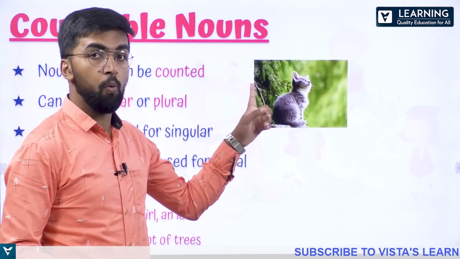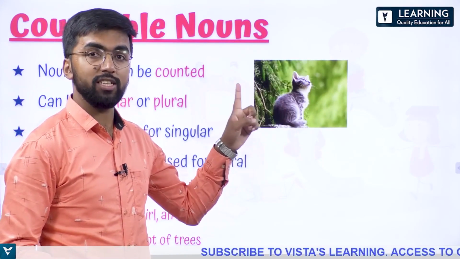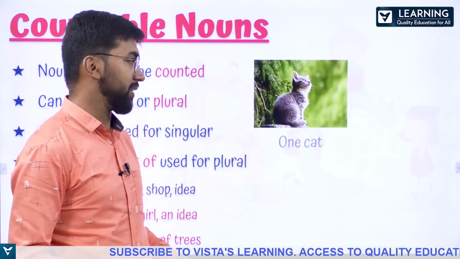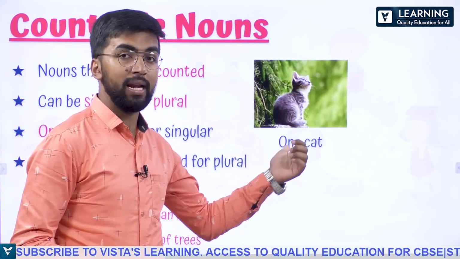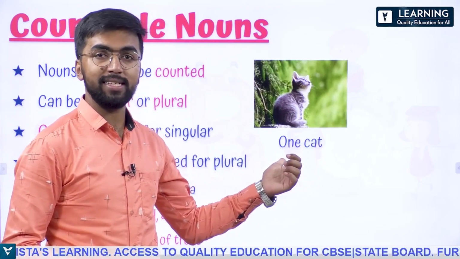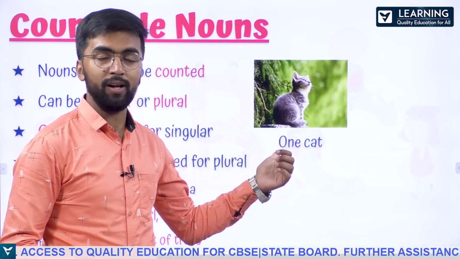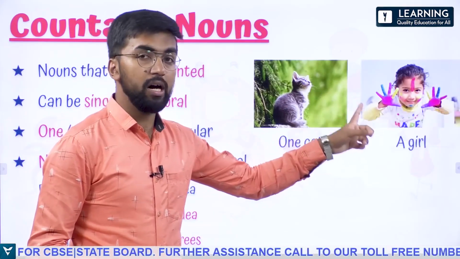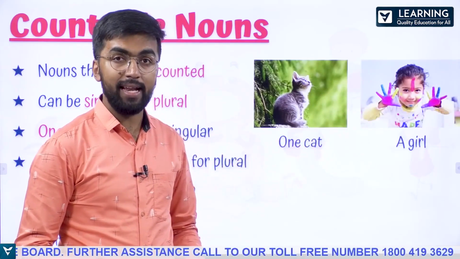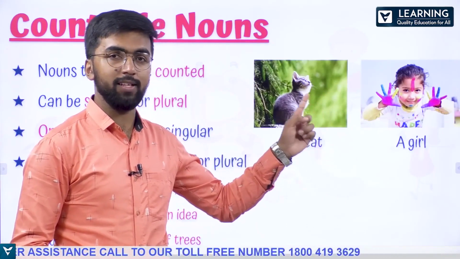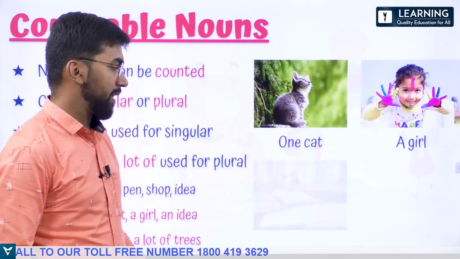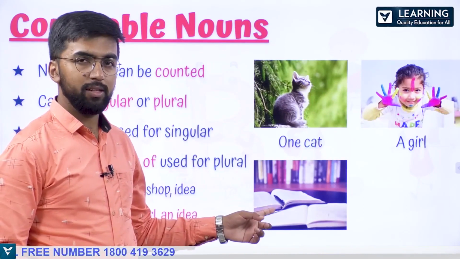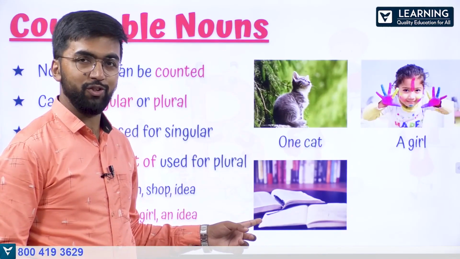This is one cat. Just one cat that we see here. Hence, we say one cat. And this is the countable noun in the singular form. That's a girl. Again, a countable noun in the singular form. Looks like a familiar image.